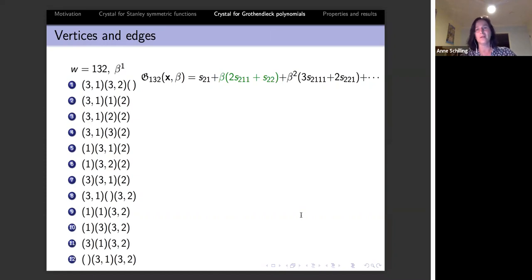And now let's assume we want to derive what this factor is, I mean, how we get the Schur expansion beta 2 S211 plus S22. Okay, so since we have one beta and the reduced length of this is equal to 3, we have to look at words of length 4, so one bigger than the length of the reduced case.